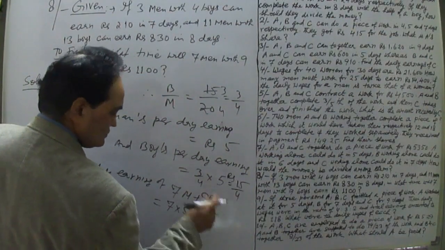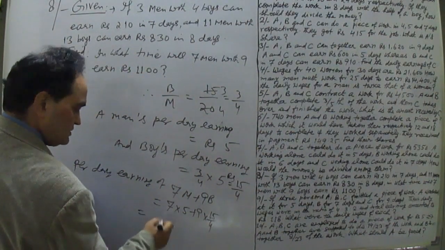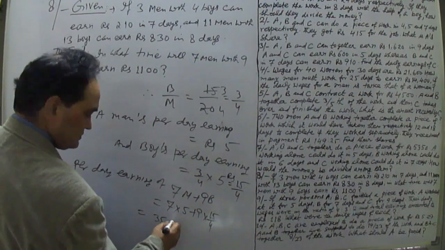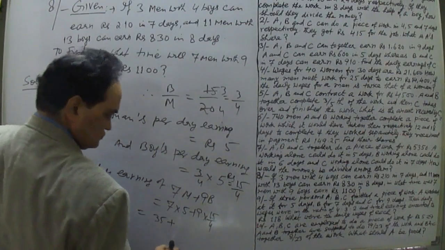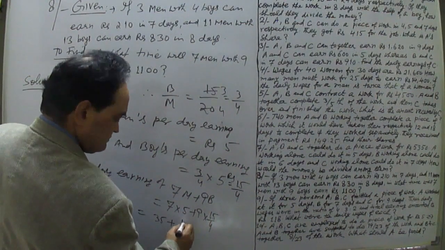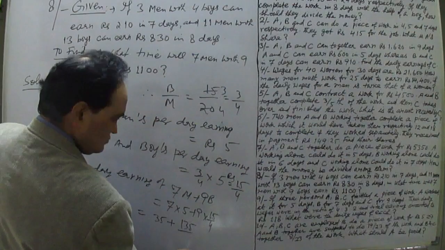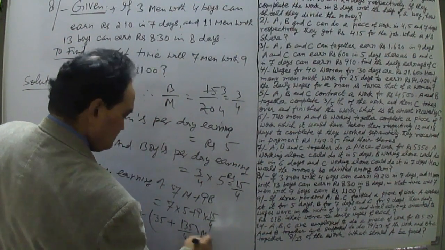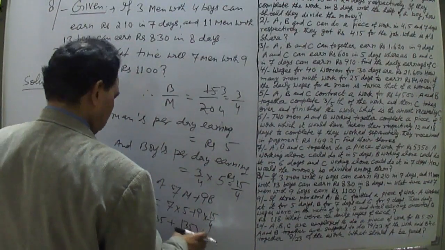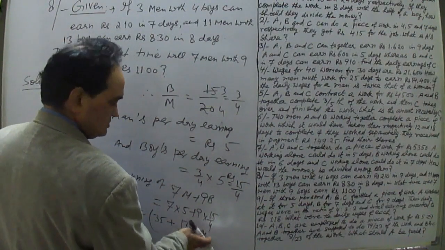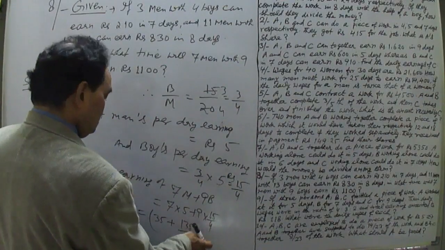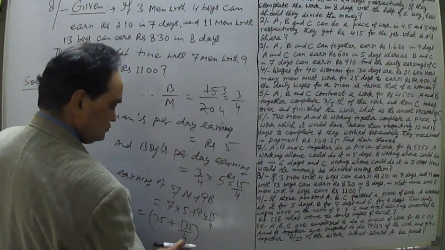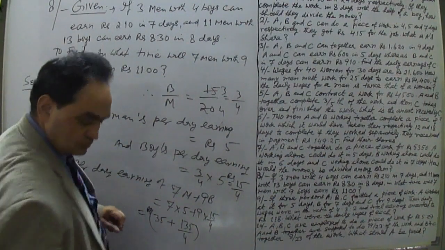So this can be further calculated. 7 5s are 35, plus 9 into 15 is 135 upon 4. So per day earning of 7 men and 9 boys is equal to this much rupees. We are finding this in rupees.